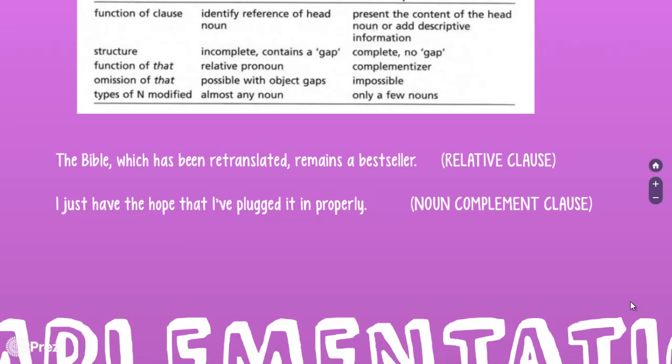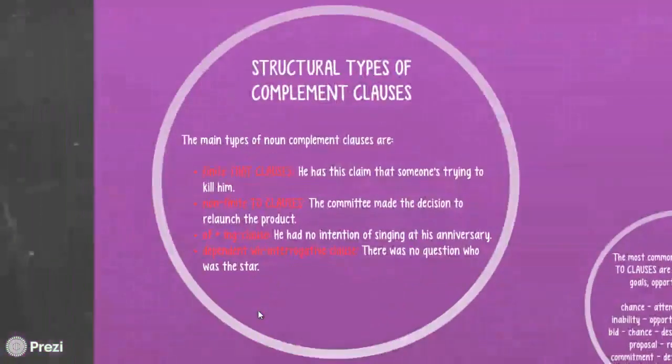Now let's talk about the types of complement clauses we may find surrounding a noun. The main types of noun complement clauses are finite that clauses, non-finite to infinitive clauses, ing clauses beginning with the preposition of, and dependent WH interrogative clauses.